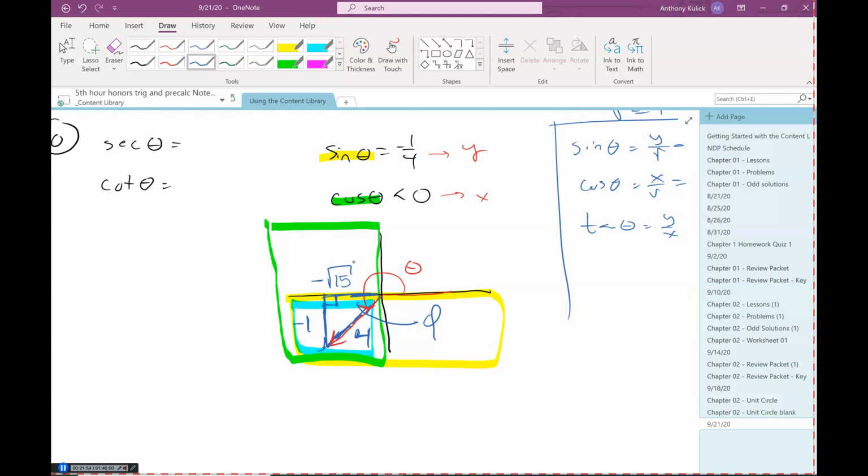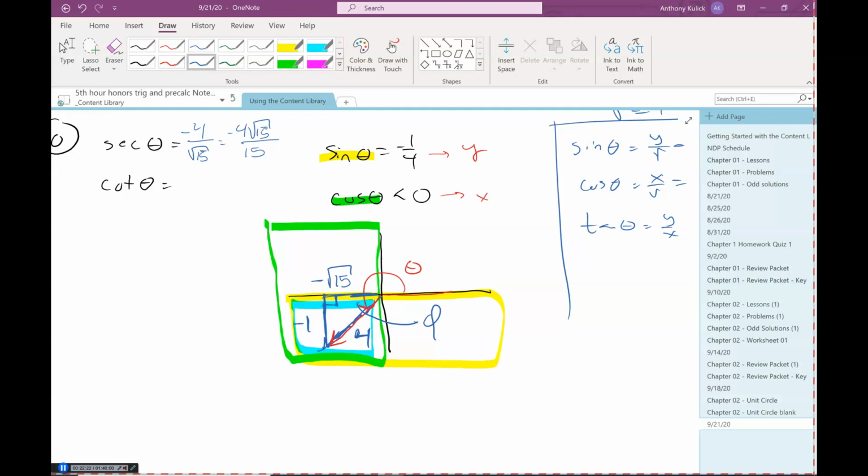Now I have everything I need. So secant is hypotenuse over adjacent. And when I rationalize the denominator, I get negative 4 root 15 over 15.